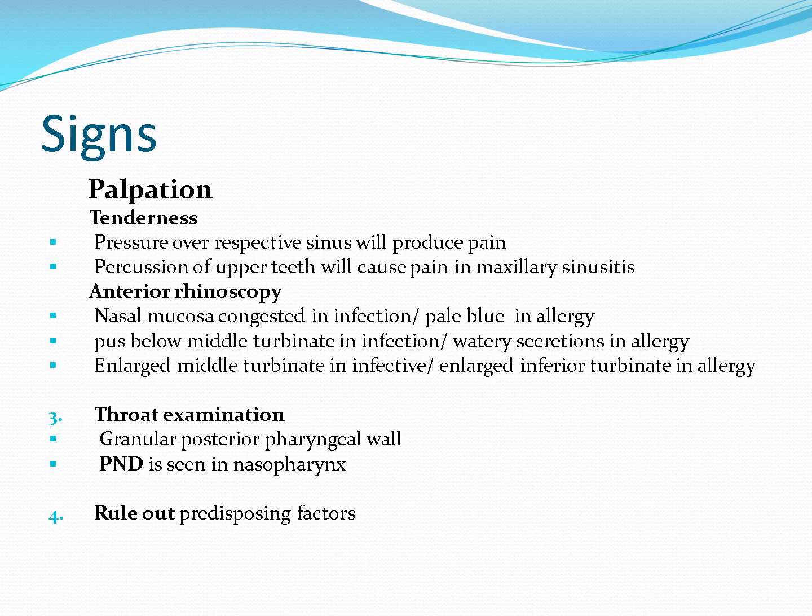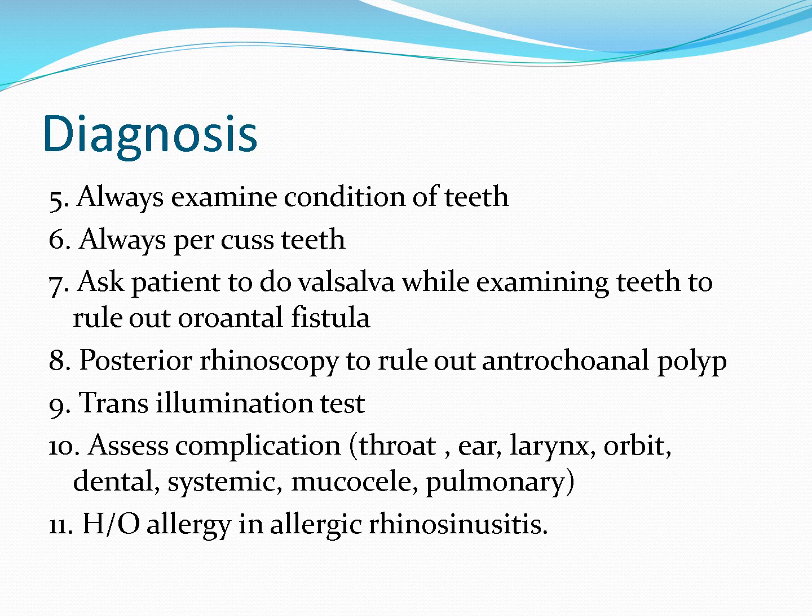While making the diagnosis, always percuss the teeth. Sometimes if there is inflammation of the canine teeth, it can lead to unilateral maxillary sinusitis. So ask the patient to do Valsalva to rule out any oroantral fistula.